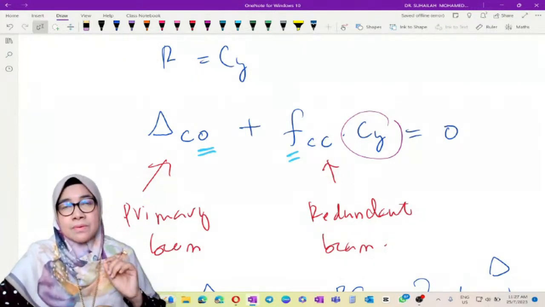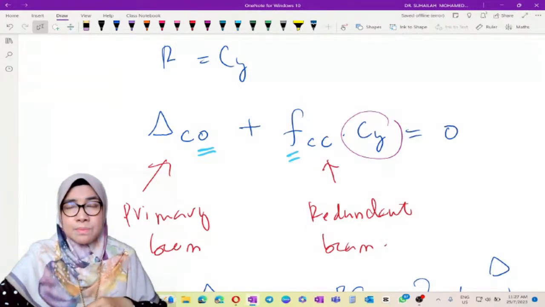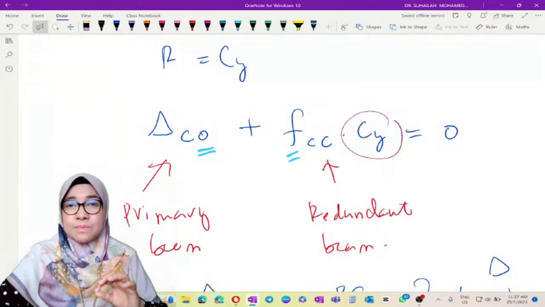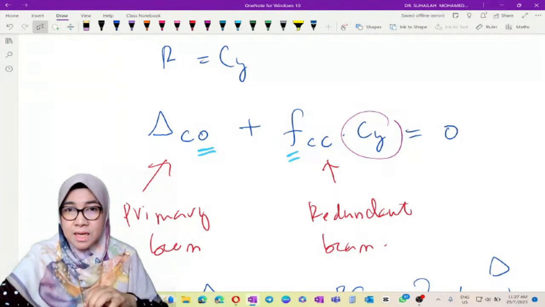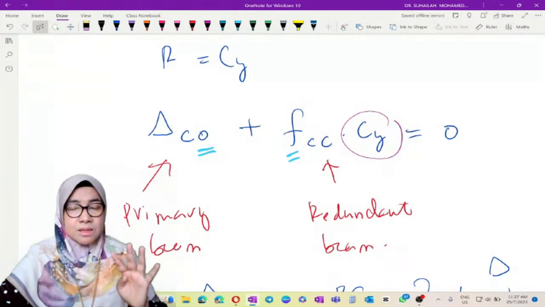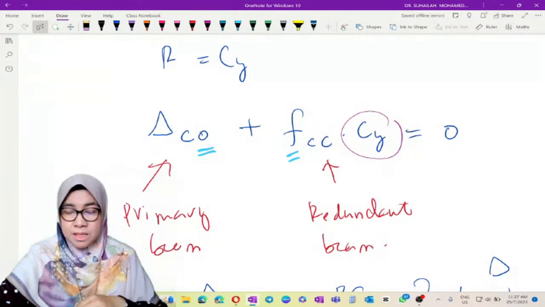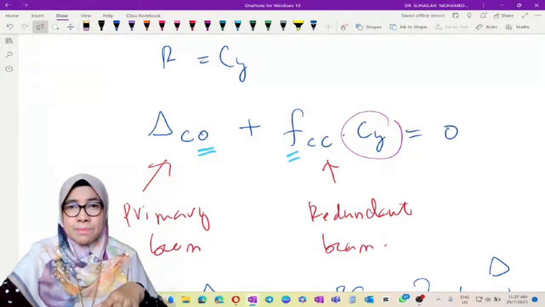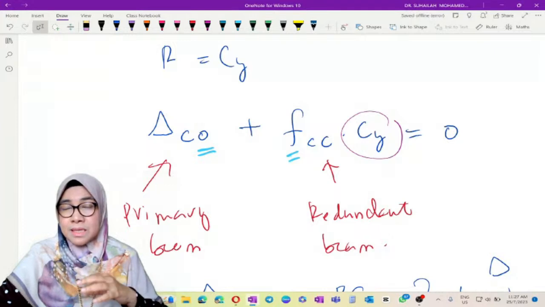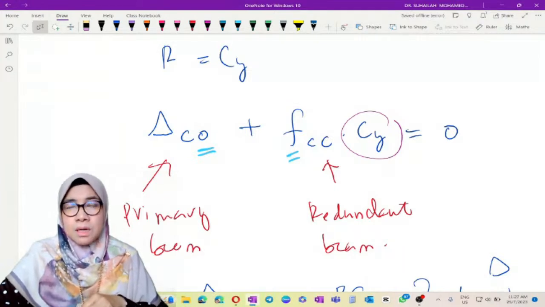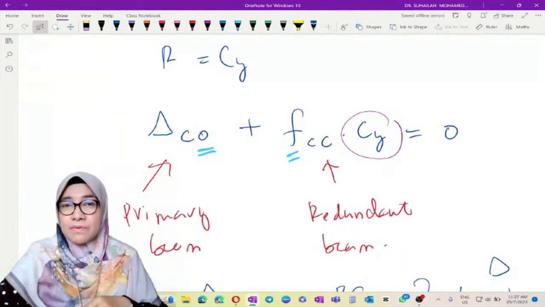If the redundant is CY, it means the position is C, so we have to look at the displacement located at C. So we will have three systems: primary system, redundant system, and actual system. The primary beam plus the redundant beam is equal to the actual beam. From that, we will write the displacement equation based on the principle of superposition.